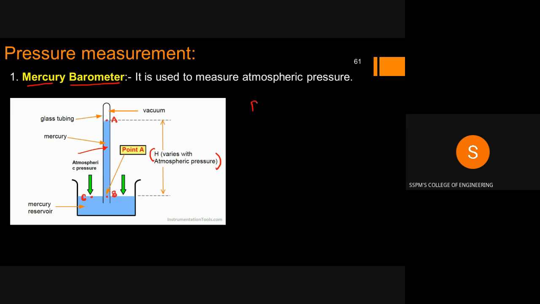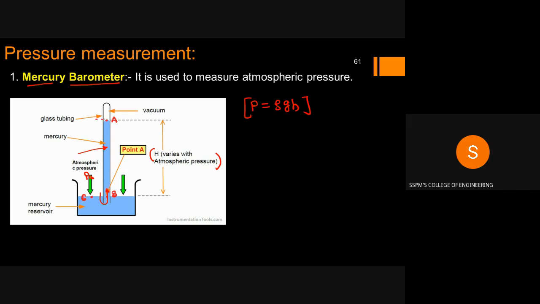By using this equation, P is equal to rho g h, we can determine the atmospheric pressure. This is the atmospheric pressure which is exerted on the liquid in the container. Because of this pressure, the liquid will flow inside the tube and rise to a certain height.